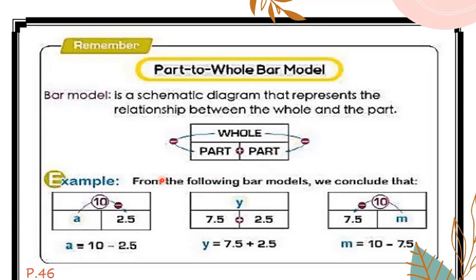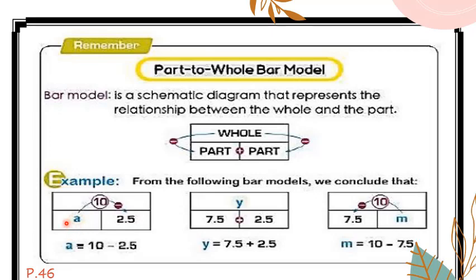Here in the examples, from the following bar models, we can solve these examples. Here I have in the bar model 10 in the whole, which means the total. Down in part 1, I change it by putting a variable: x, a, y, any letter.